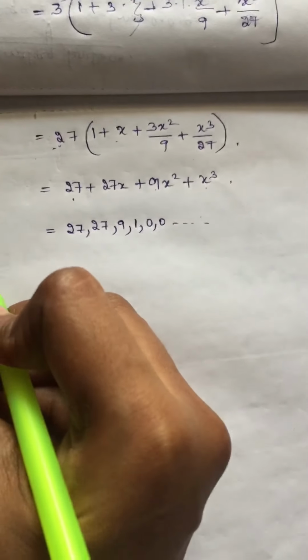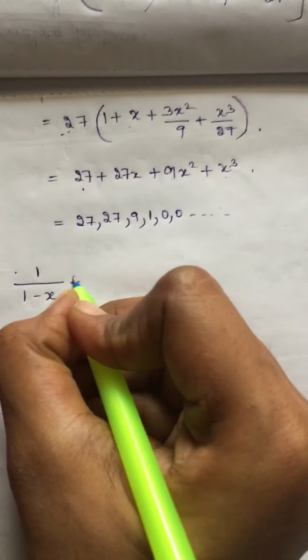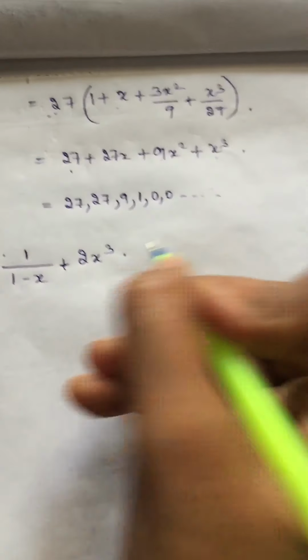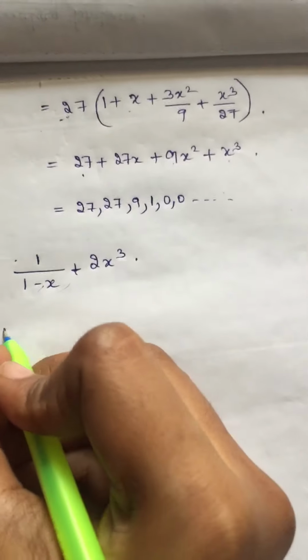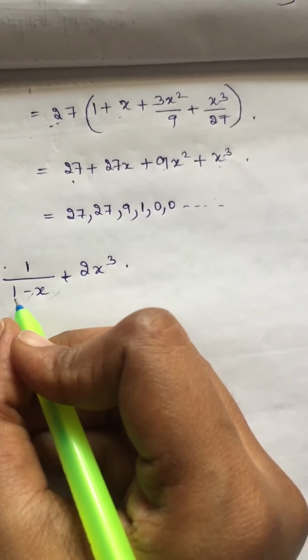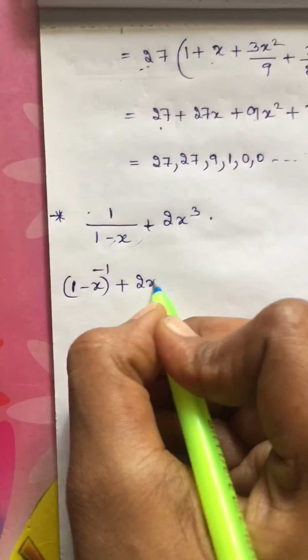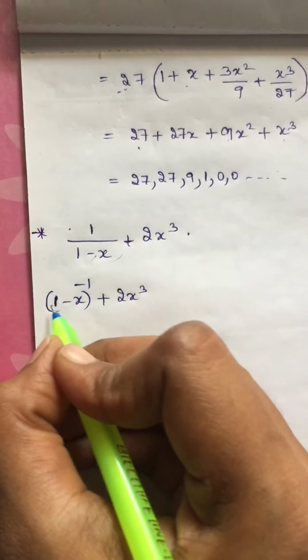Next problem, taking another example, 1 by (1 minus x) plus 2x cube. What is the expansion of 1 by 1 minus x?